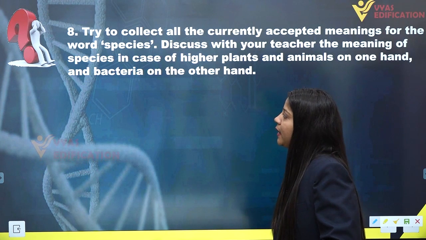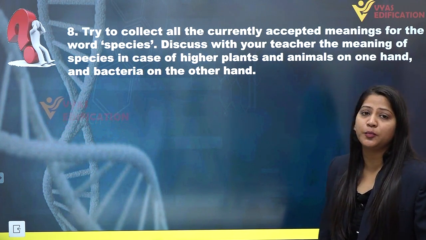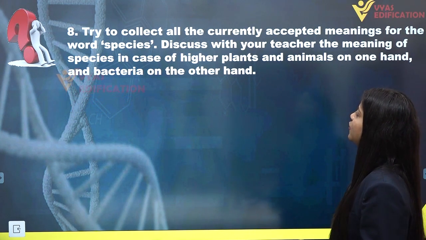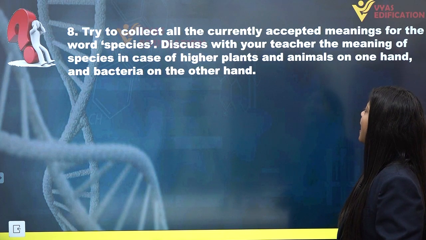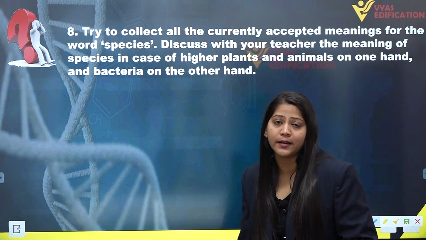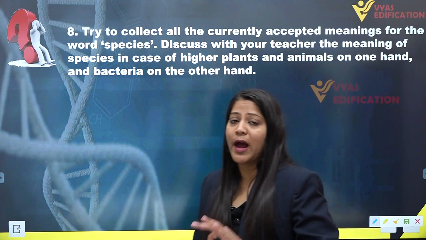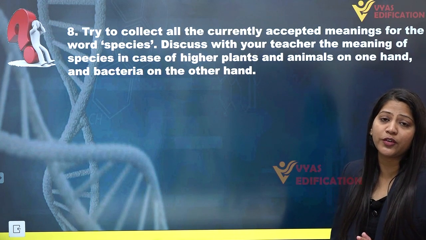Now question number 8, try to collect all the currently accepted meanings for the word species and discuss with your teacher the meaning of species in case of higher plants and animals on one hand and bacteria on the other hand. Now, if we try to answer the question, the answer goes like this.